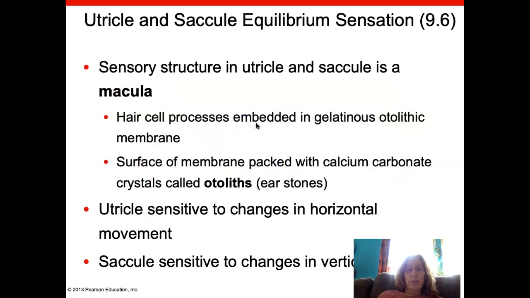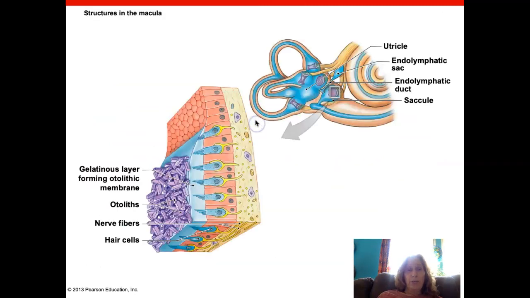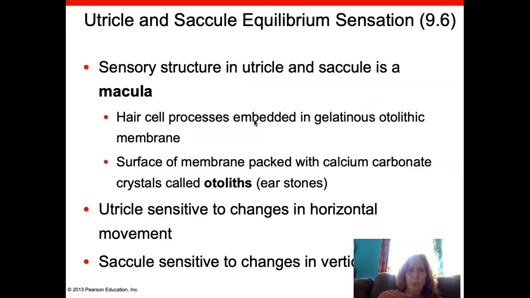Now, in the utricle and saccule, it's a little bit different. In there are also hair cells, but there are also tiny little stones called ear stones. They're made of calcium carbonate. They're crystals.